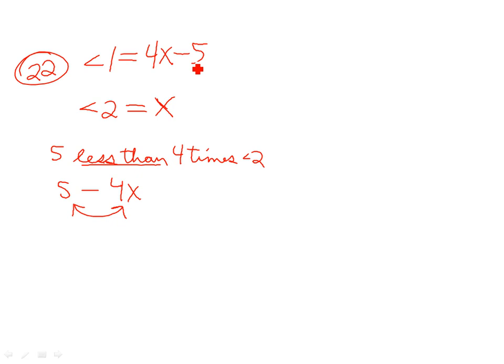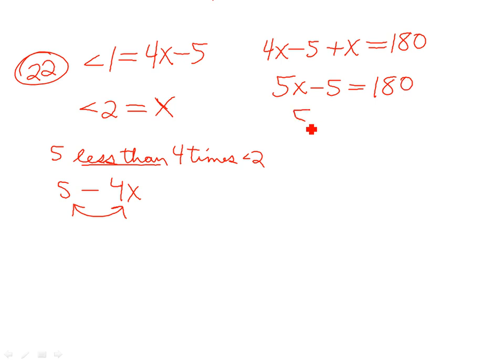180, they add up to 180. So let's hurry through this since you guys seem like you're getting bored with it. Tell me how to set up the equation. 4x minus 5 plus x equals 180. Collect like terms, you get 5x minus 5 equals 180, add 5, you get 5x equals 185.